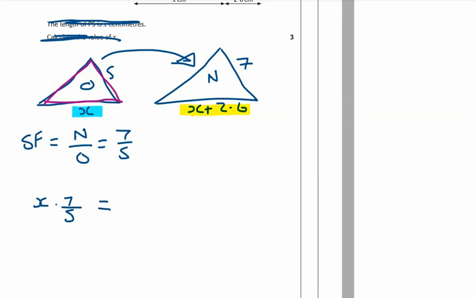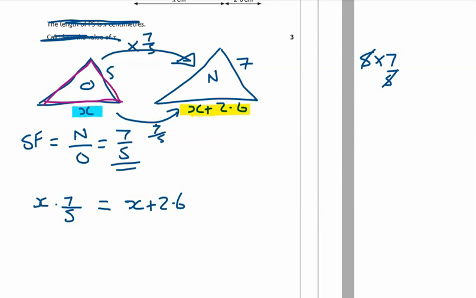Because for 5, we did 5 times 7 over 5, which gives you 7. That was our scale factor. So if we're going from X to X plus 2.6, we're multiplying by 7 over 5 as well. So X times 7 over 5 is going to be equal to X plus 2.6.